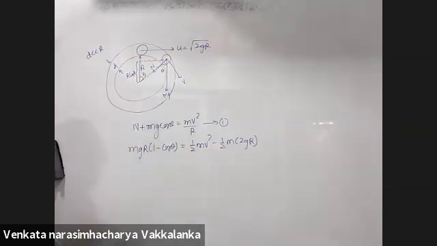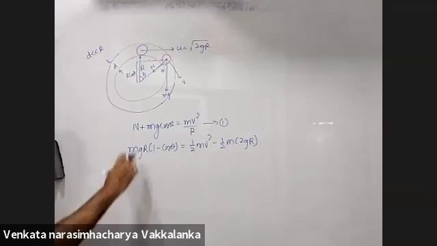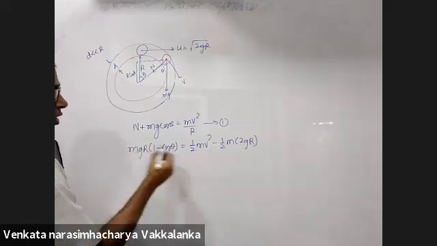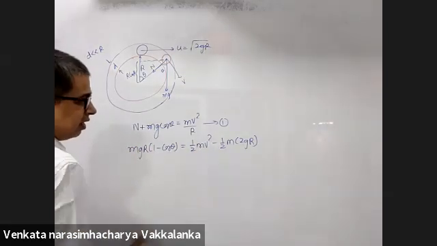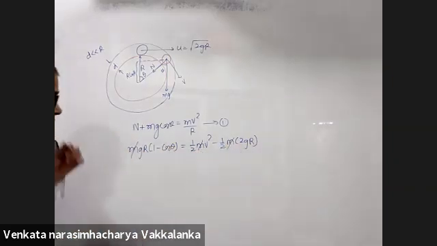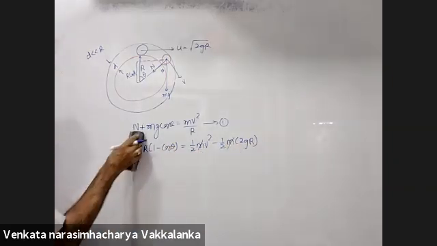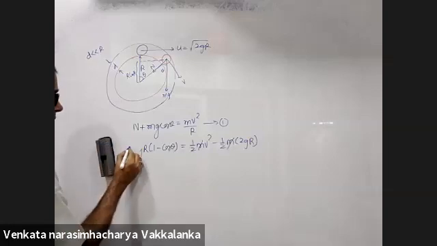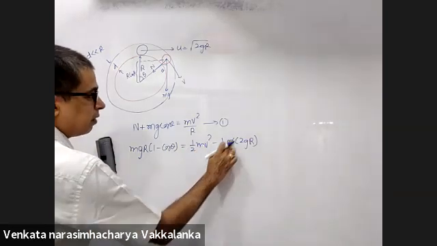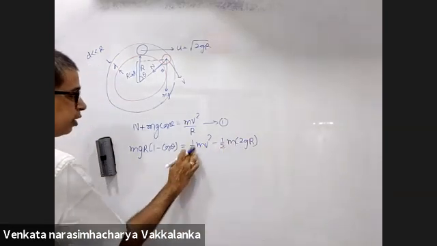The vector sum of all the forces towards the center will provide the required centripetal force. I'll have to calculate N, and then resolve that N in the vertical direction. To calculate N, I'll have to calculate mv square. Let me keep m and multiply all throughout by 2.